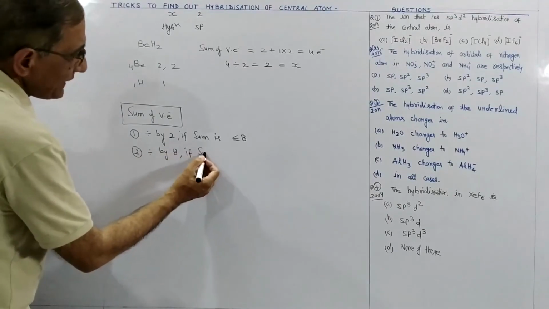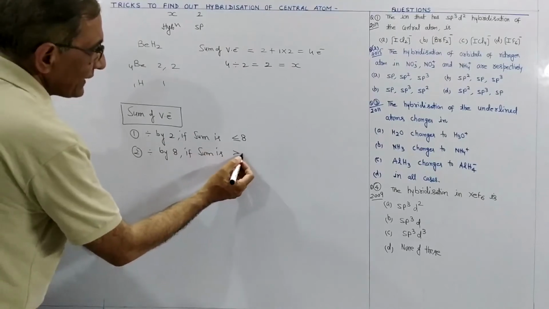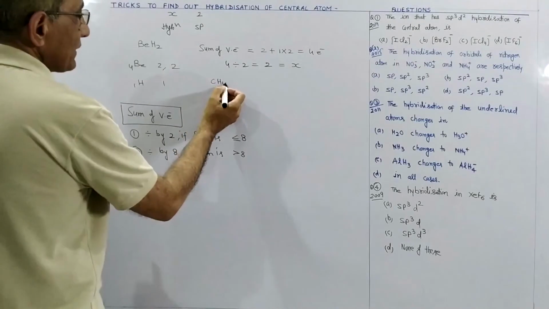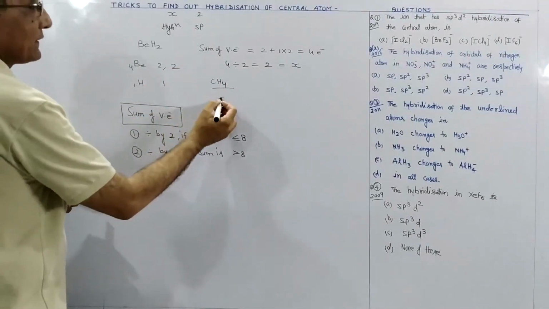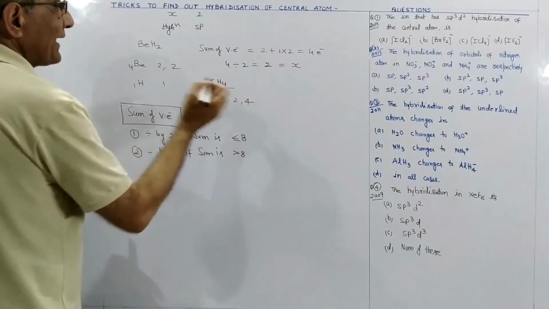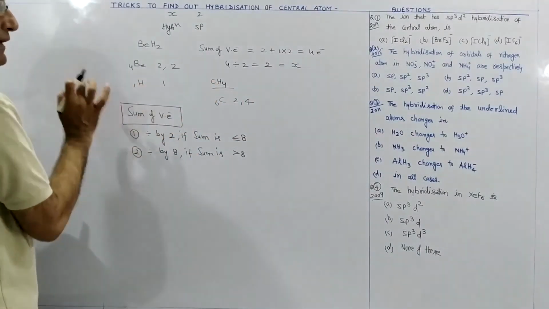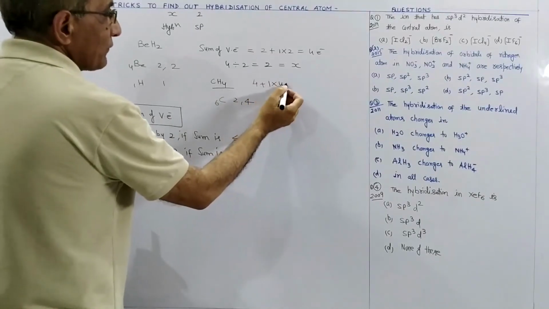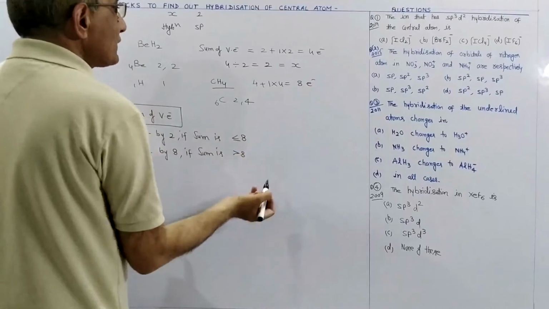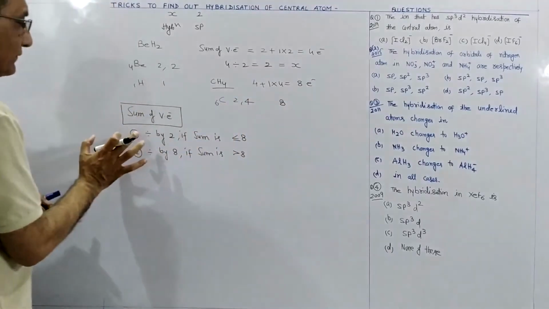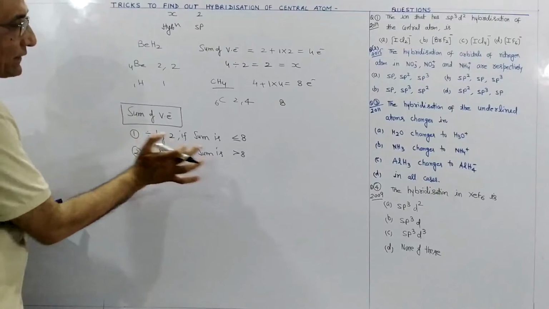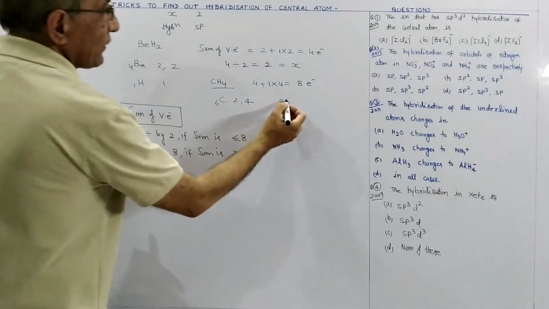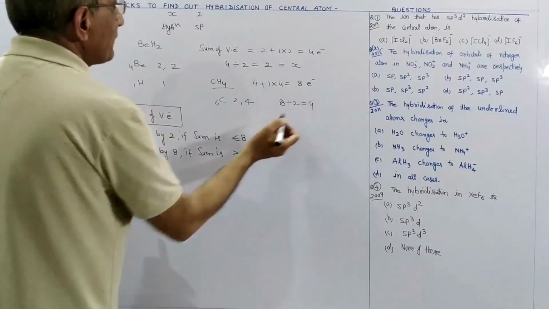For example, I will take CH4. Carbon has 4 valence electrons, hydrogen has 1 valence electron. So total valence electrons will be 4 plus 1 into 4, that is 8, students. If this sum is equal to or less than 8, then you need to divide by 2. Now we divide by 2, it is coming 4.